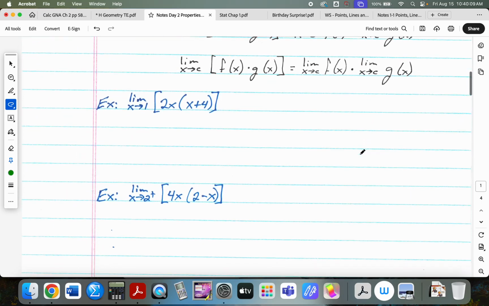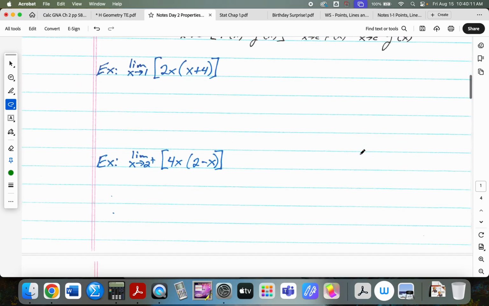So if, for example, we're taking the limit as x approaches 1 of 2x times the quantity x plus 4, although no one after a day is going to take the time to write it this way, this is the limit as x approaches 1 of 2x times the limit as x approaches 1 of x plus 4.